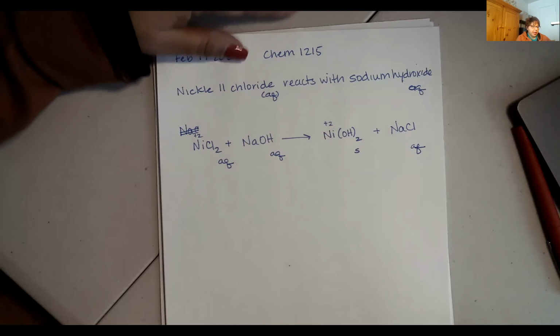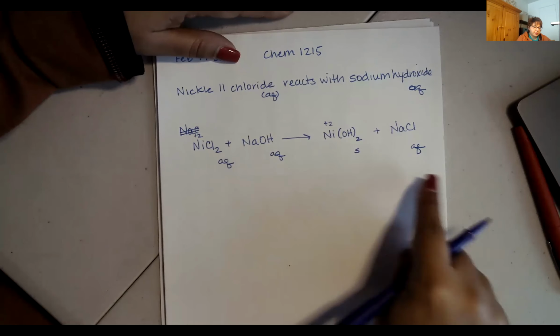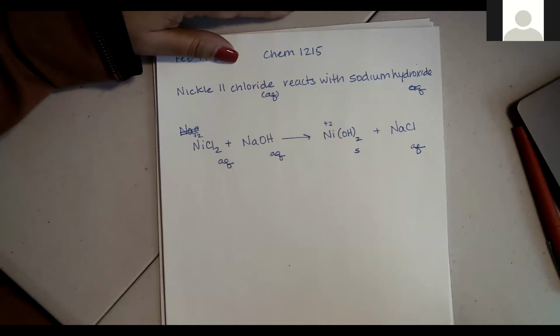Tell me what I need to do to balance this. Make Na a 2, add another sodium. On which side, a reactant or a product? Sodium hydroxide or sodium chloride? Chloride?